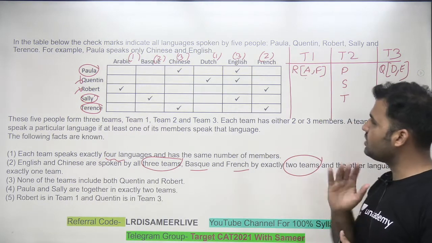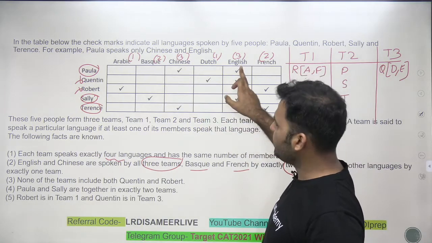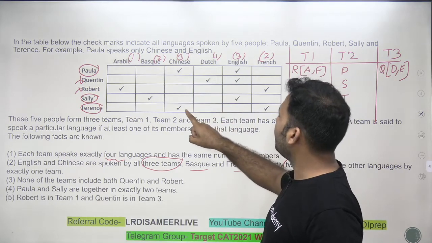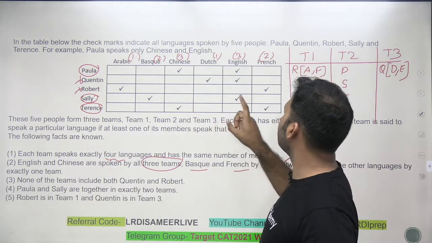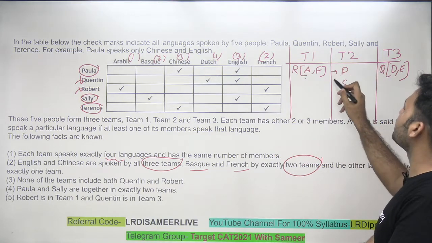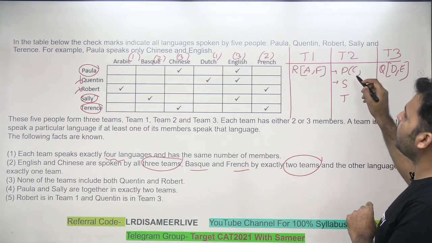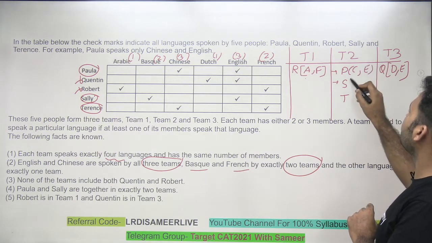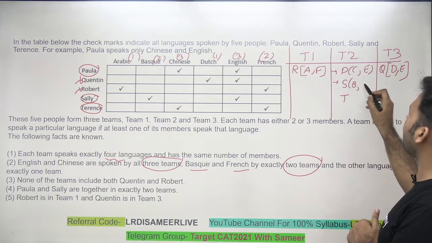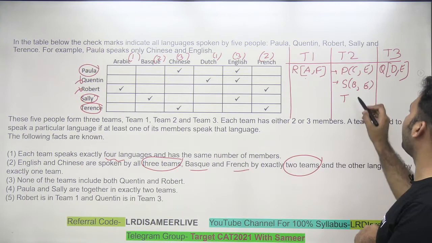Paula is speaking Chinese and English, Sally is speaking Basque and English, and Terence is speaking Chinese and French.